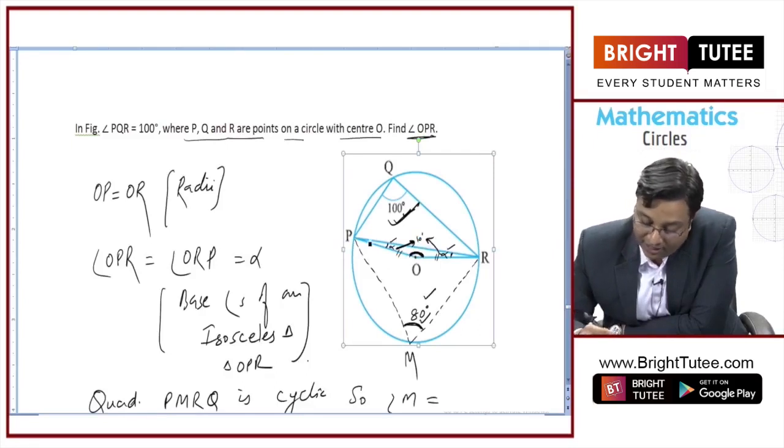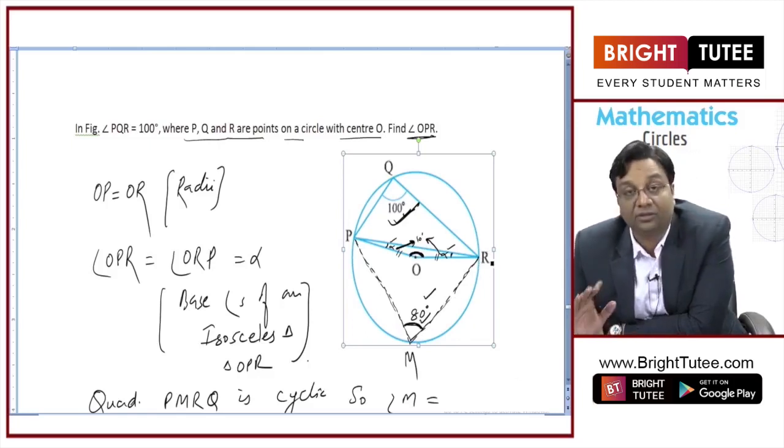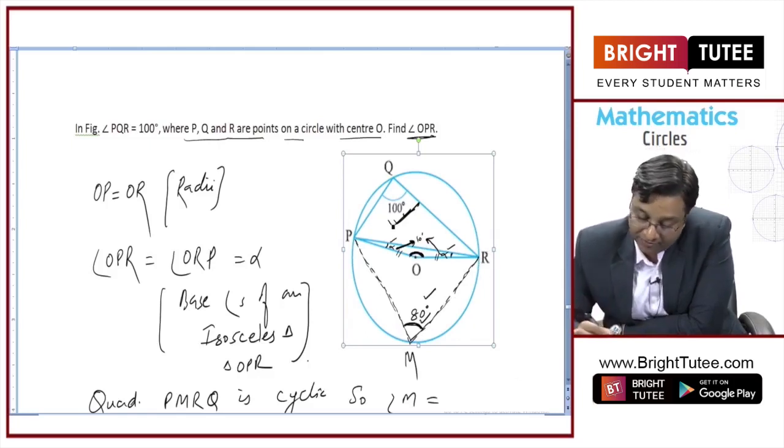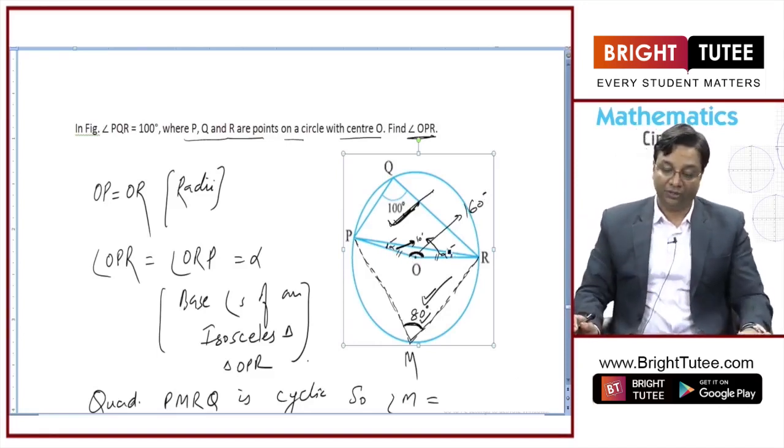To find this angle, I made this little construction of drawing this PMR and completing this quadrilateral, which is a cyclic quadrilateral. So if it is 100, this will be 80, and this angle will be double of 80, that is 160. So these two angles will be 10 degrees each. I hope you have got the point.